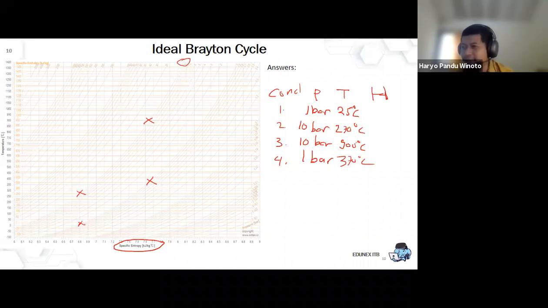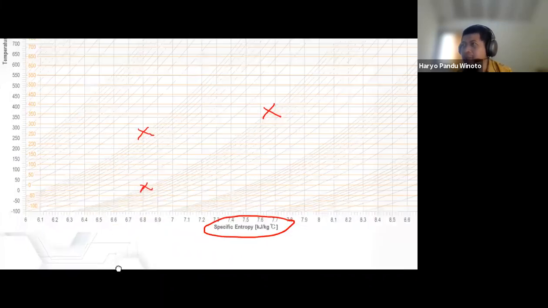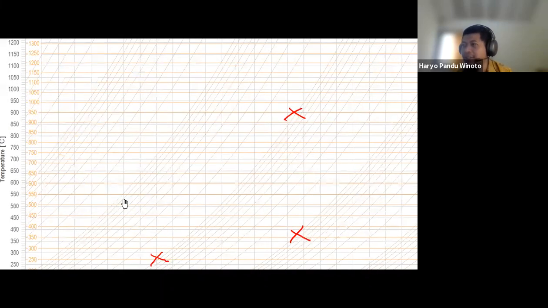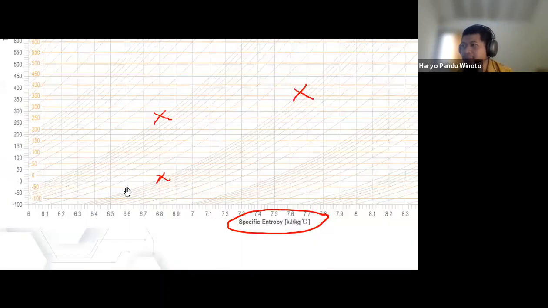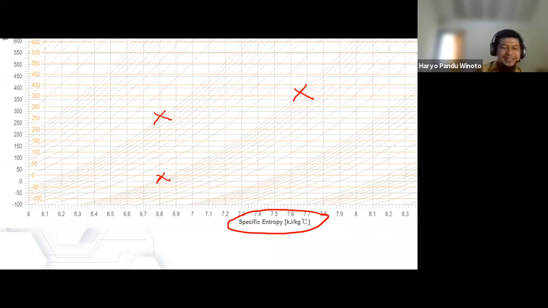Okay, let's find it. H1. This is the specific enthalpy, okay. Why do I find it at 0? Anyone can answer? Because when you deal with water, at the P1 is not 0, isn't it?